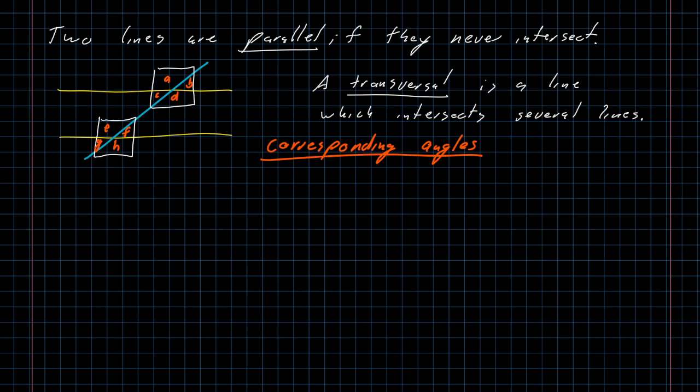Specifically here, I'm talking about corresponding angles for parallel lines. Looking at these two pictures, the angles that are in the same relative position. So in this case, it's angle A and angle E, angle B and angle F, angle C and angle G, angle D and angle H. Those are four pairs of corresponding angles.